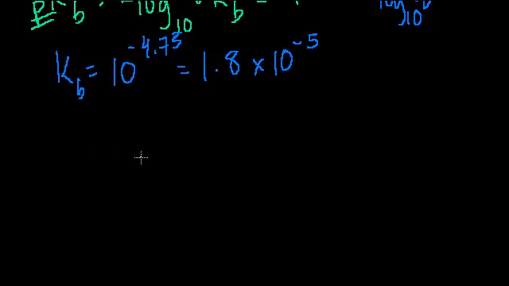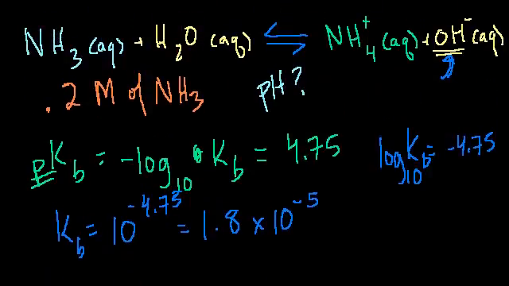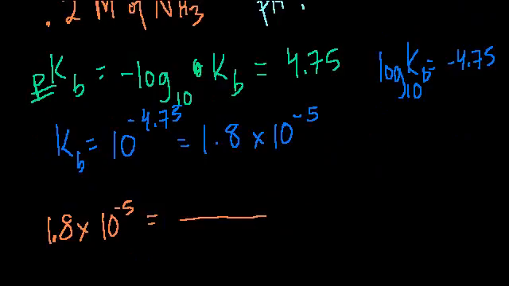So this equilibrium constant formula would look like this: 1.8 times 10 to the minus 5 will be equal to, in the denominator, our concentration of reactants. Remember, you don't include the solvent, so you only include the NH3. We have 0.2 molar is what we put in, but some of it, let's say X of it, is going to be converted into this stuff on the right-hand side.